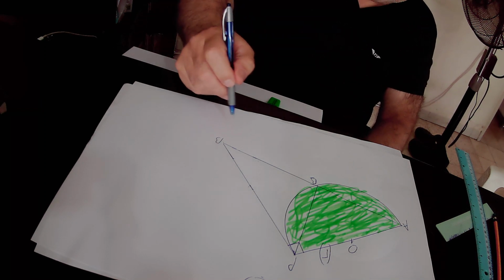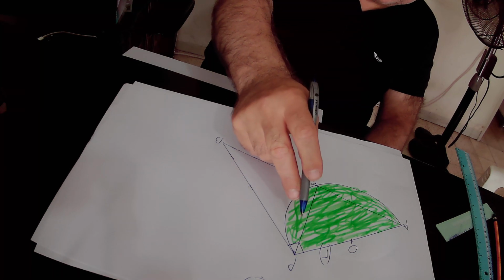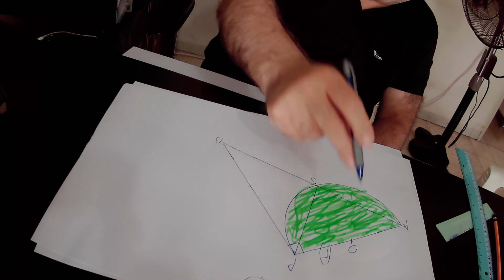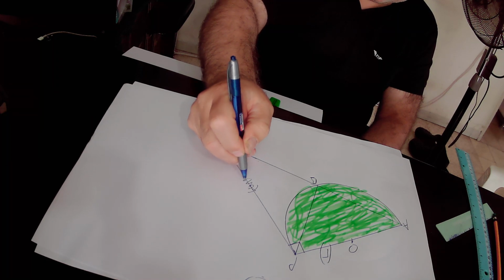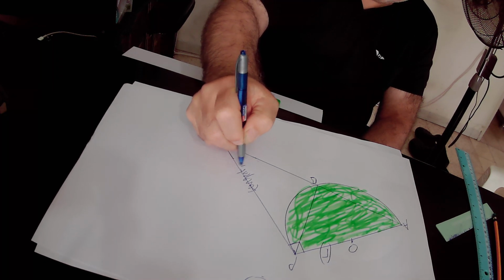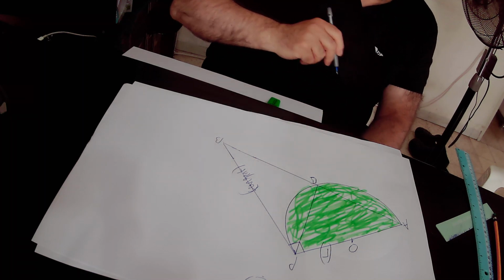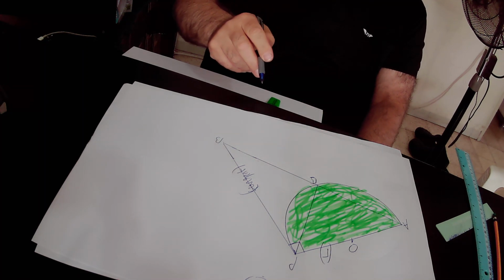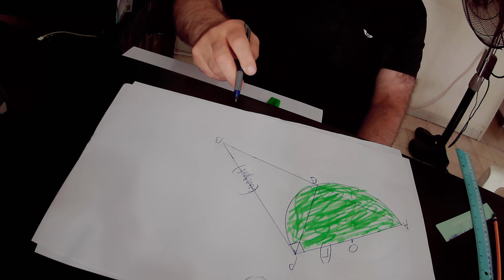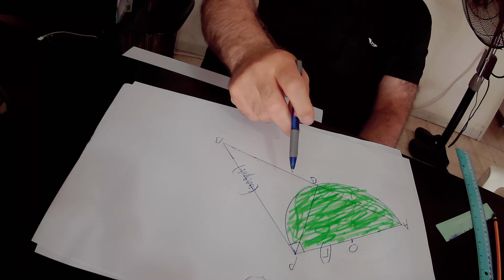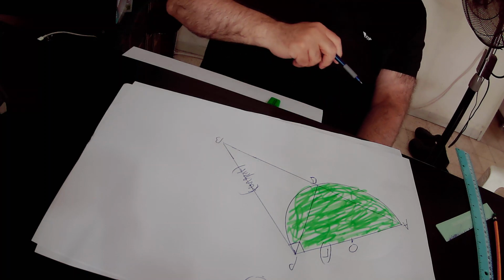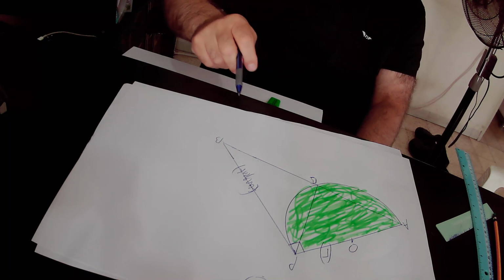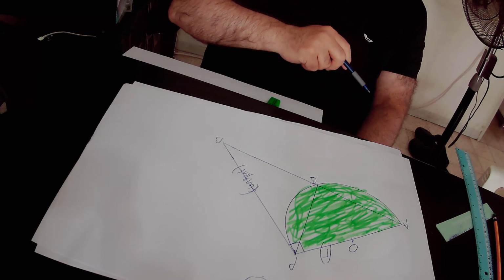According to Rule 1, this line segment BP that is perpendicular to the radius PO must be defined as a tangent to this green semicircle. And you can see that indeed line segment BP is tangent to this green semicircle at point P. Point P is the point of tangency of tangent BP with this green semicircle.